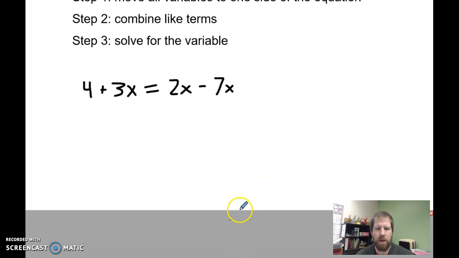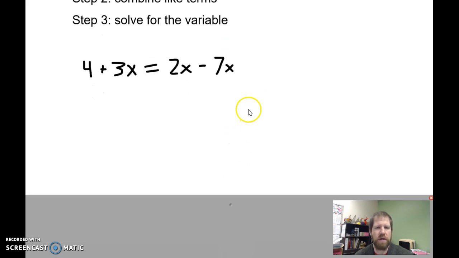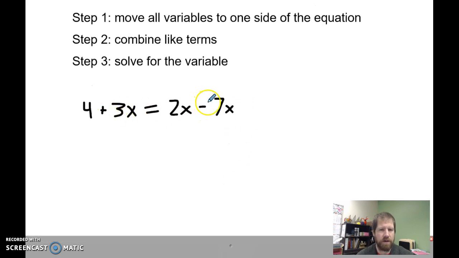So now for this one, we're actually looking at something that's a little bit different. I have a positive 3x here, and I have a 2x minus 7x. So this is actually going to be a negative 5x when I combine these. So this actually is the lesser value for my variable.